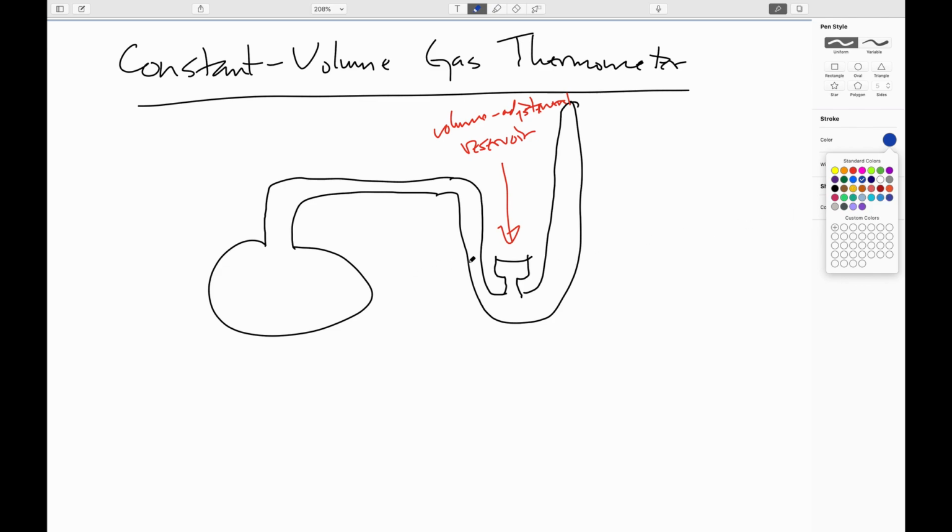I don't want people getting mercury poisoning here, and you rig it up so that you either add or remove mercury in the adjustment reservoir until the mercury here is at a reference level. And whatever you do, never pipette by mouth, and especially if it's mercury. Okay, so you add or subtract mercury here until the column of mercury matches this line.